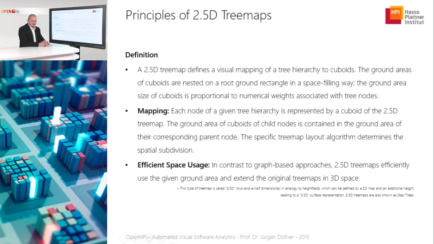But the mapping is different. Each node of a given tree hierarchy is represented by a cuboid of the 2.5-dimensional tree map. The ground area of cuboids of child nodes is contained in the ground area of their corresponding parent node, and the specific tree map layout algorithm determines the spatial subdivision.